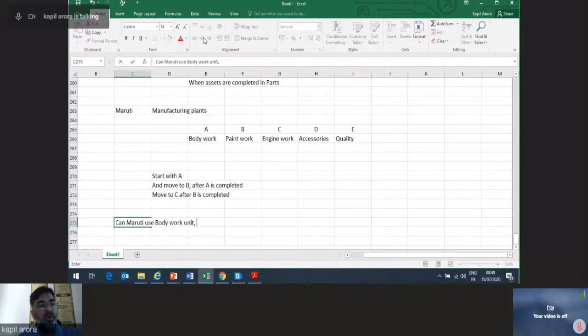Can Maruti go and start the production without all these units being completed?